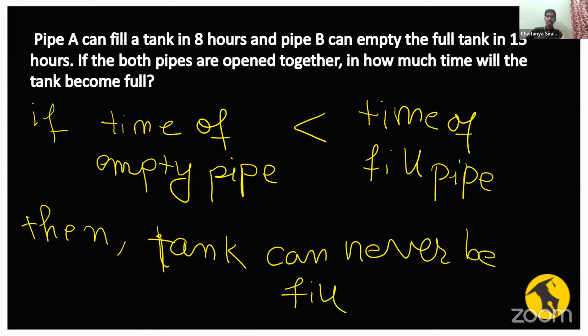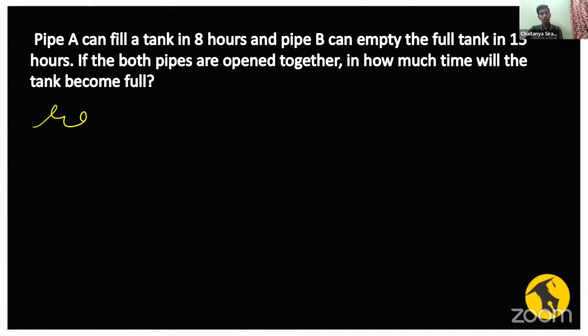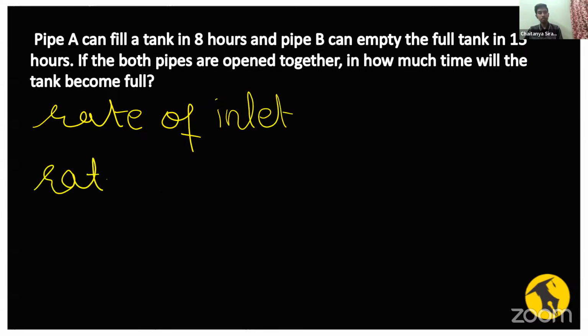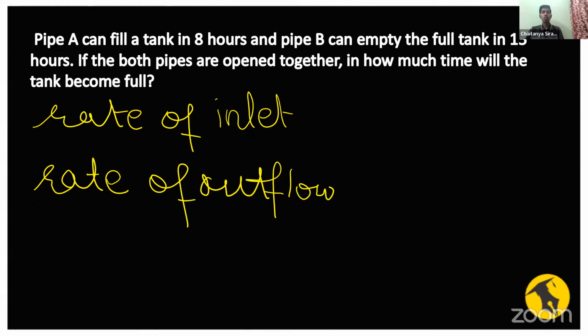All right, just similar to the time and work question we did, we will calculate the rate of inflow or inlet and the rate of outlet. These two rates will give us how much time it takes to fill the tank or empty the tank, whichever is asked in the question.